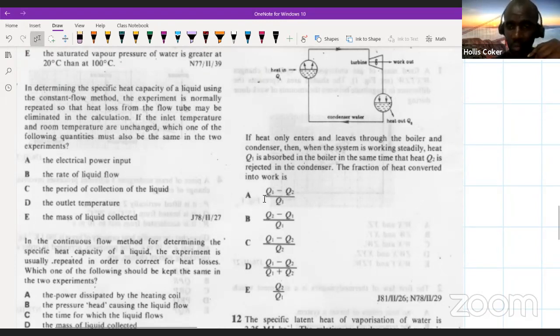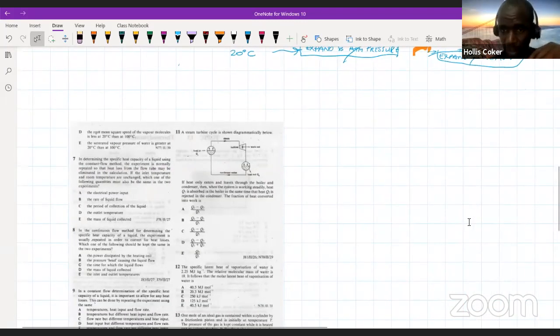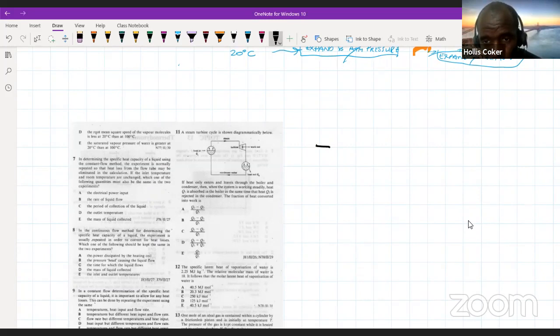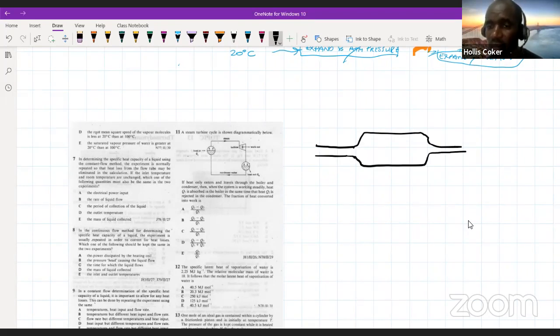Okay, so let's see. What we do, we have water going through a tube, and we allow it to reach steady state. So the rate at which you supply heat is equal to the rate at which heat is taken out of the system.